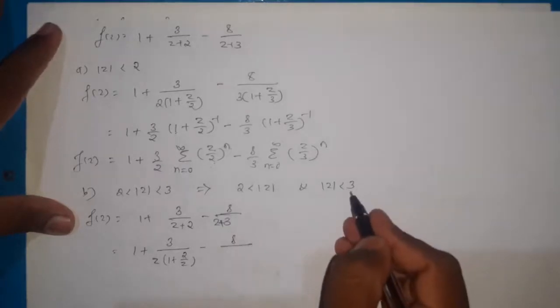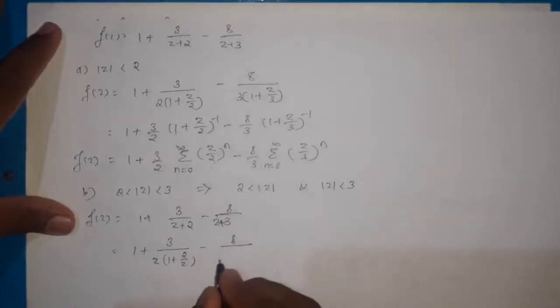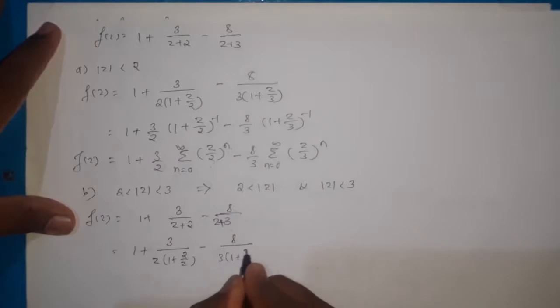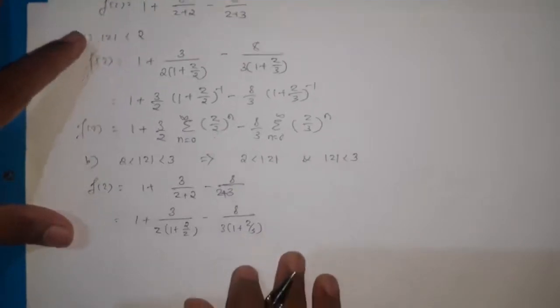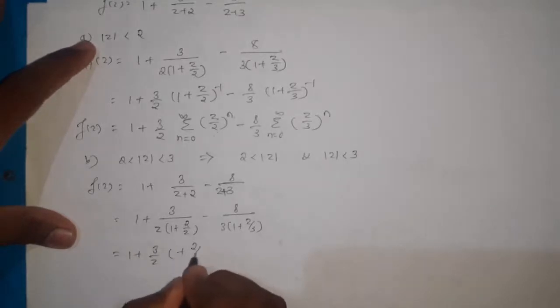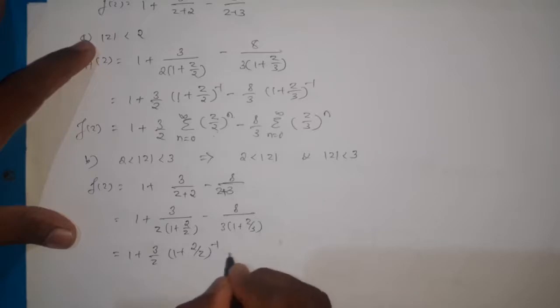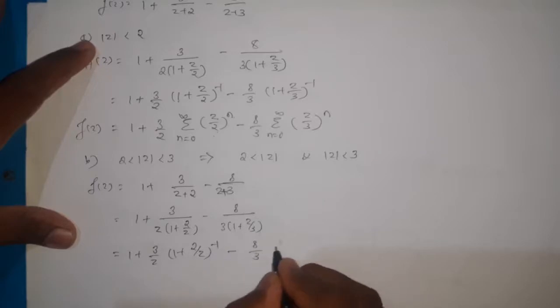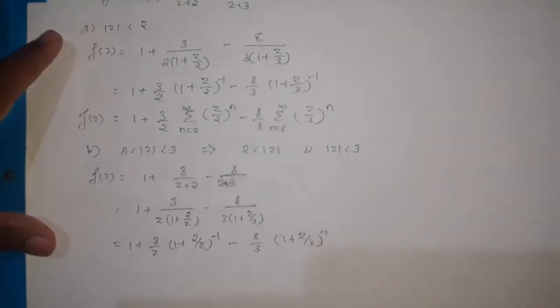Here 3 is greater, that greater value must be outside. 3 into 1 plus z by 3. Then it is equal to 1 plus 3 by z, 1 plus 2 by z whole power minus 1, and 8 by 3, 1 plus z by 3 whole power minus 1.